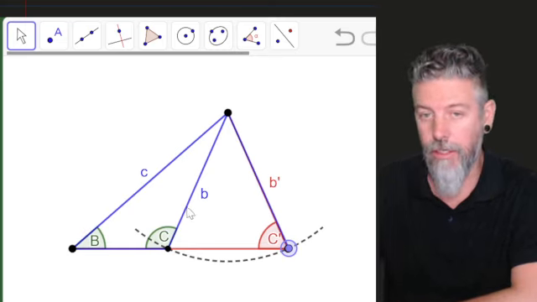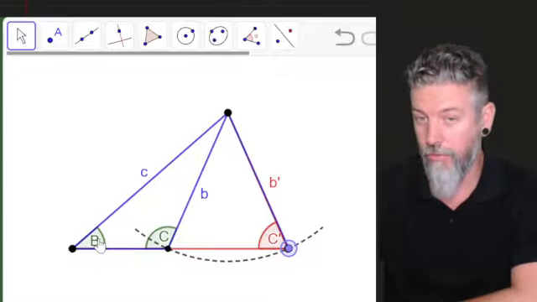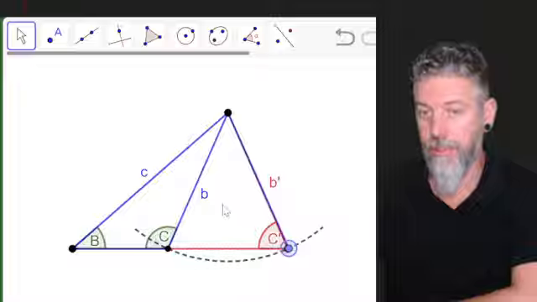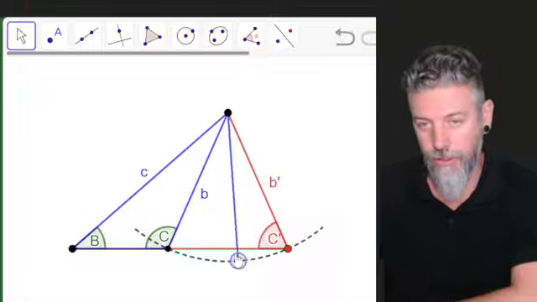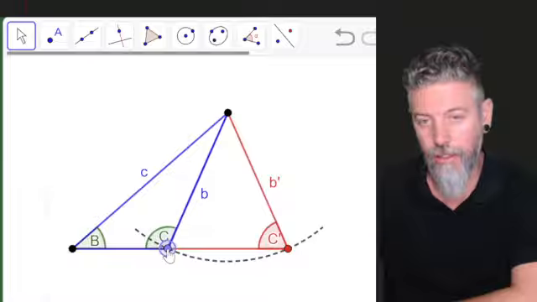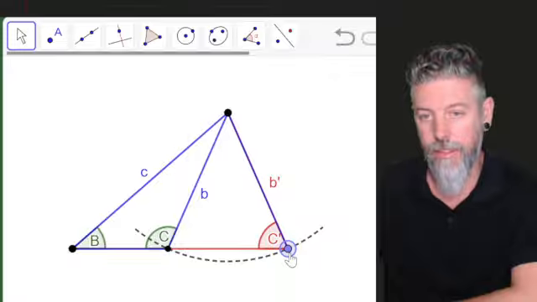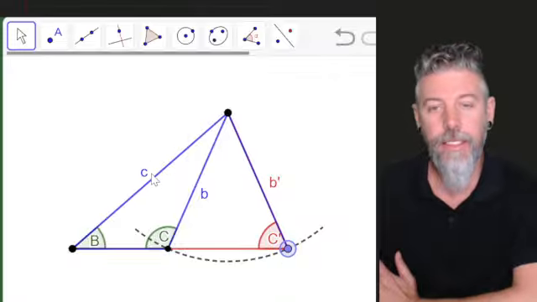So this b over the sine of this angle B should equal this c over now the sine of this angle C. But if you notice, c never changed regardless of which triangle I had. This is c here, and this is c here, and c never changes.